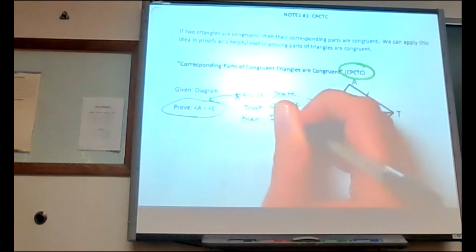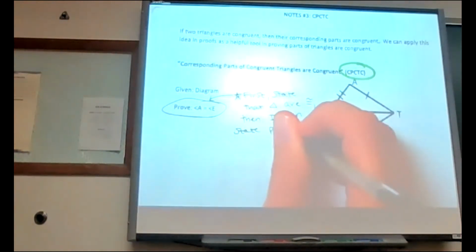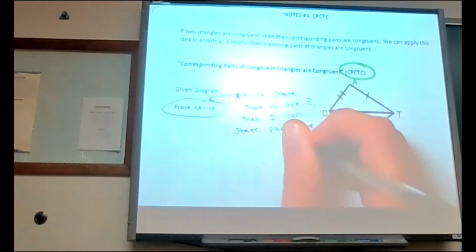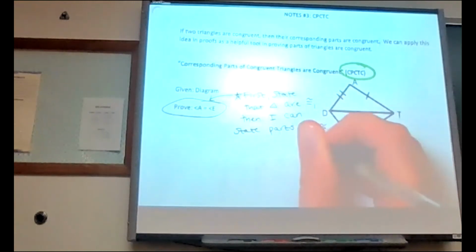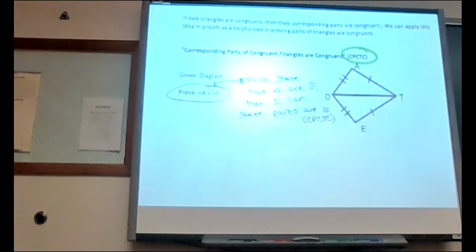Then I can state that the parts are congruent, which is CPCTC: corresponding parts of congruent triangles are congruent. So if we're saying corresponding parts of congruent triangles, then we better first have said that the triangles are congruent, okay?